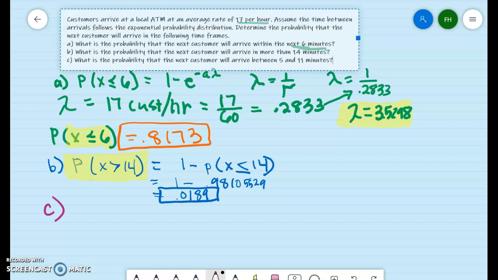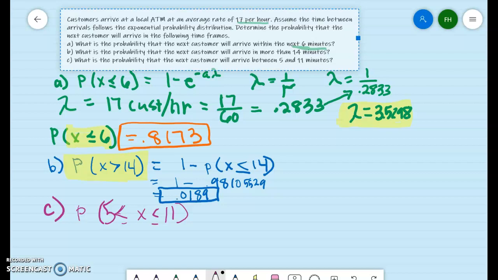So for C, we want to know between 5 and 11 minutes. So we want to know the probability that X is between, hold on, it's not working. X is between 5 and 11.